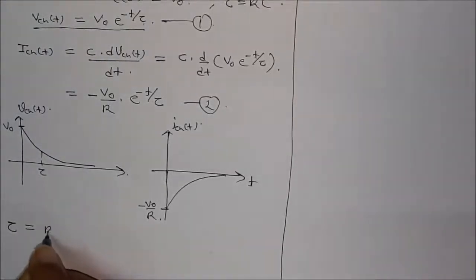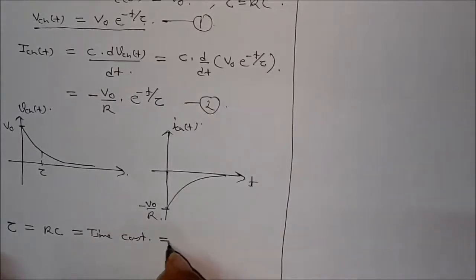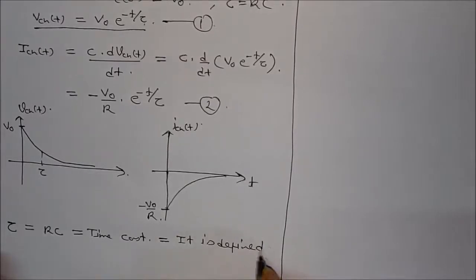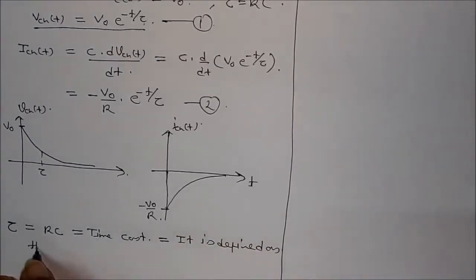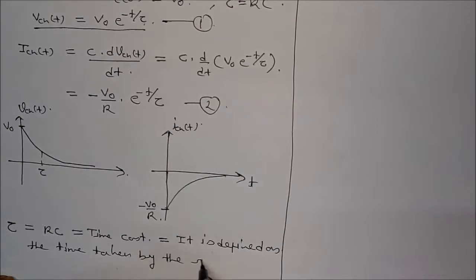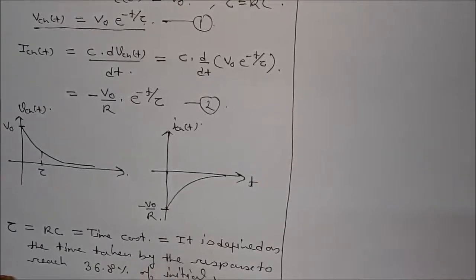Where tau is equal to RC, the time constant, and it is defined as the time taken by the response to reach 36.8% of its initial value.